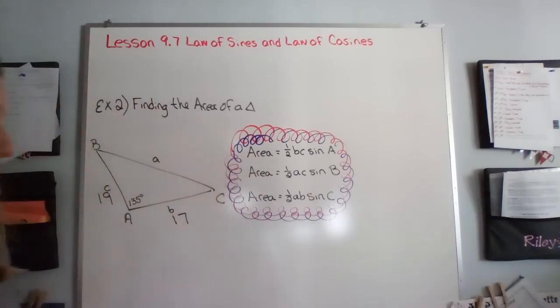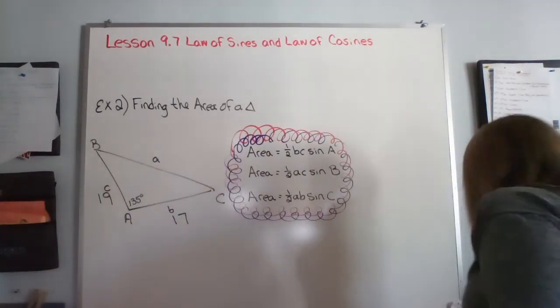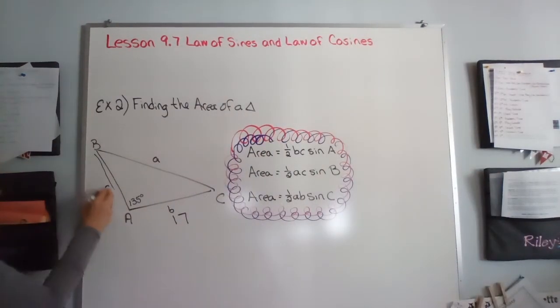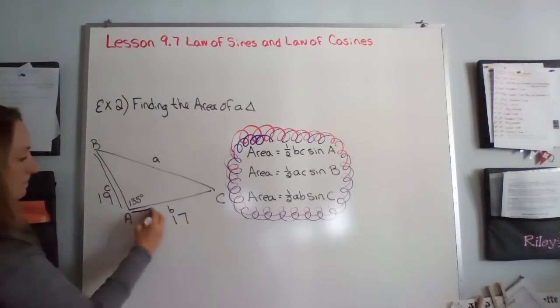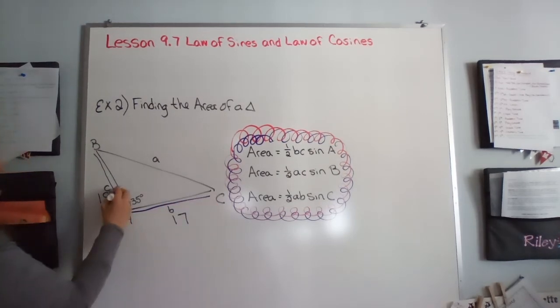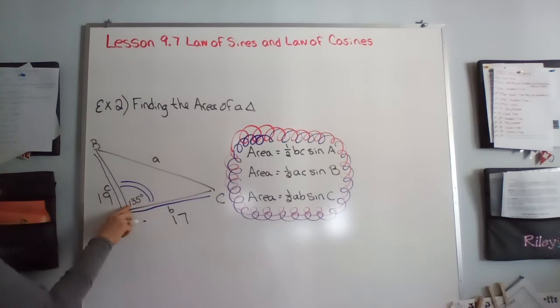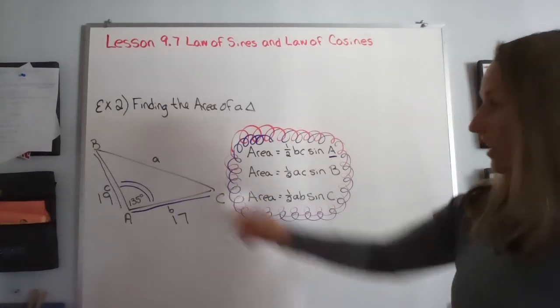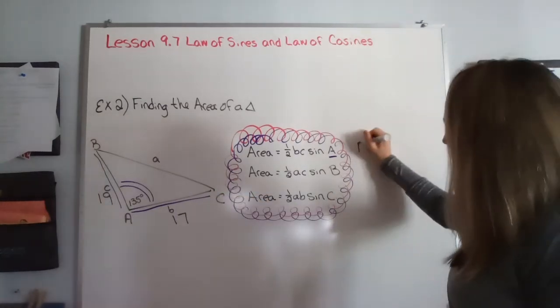So first thing I'm going to do is identify that side C is 19 units long, B is 17 units long, and the included angle is 135. The included angle is angle A. So to find the area of this triangle, I'm going to set it up.